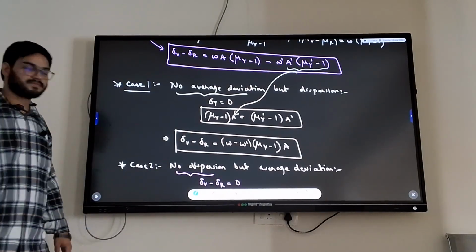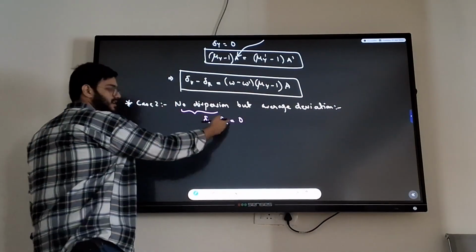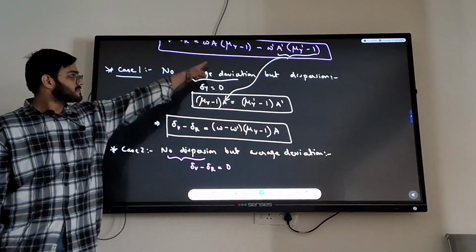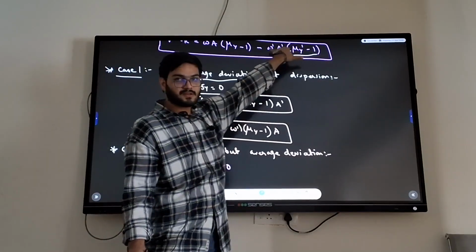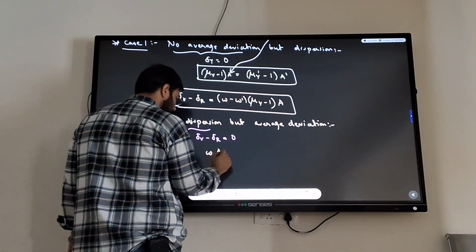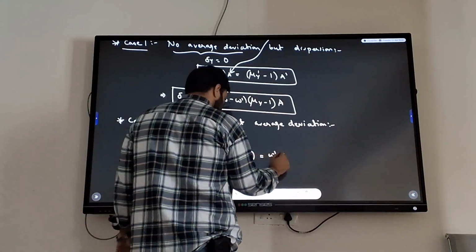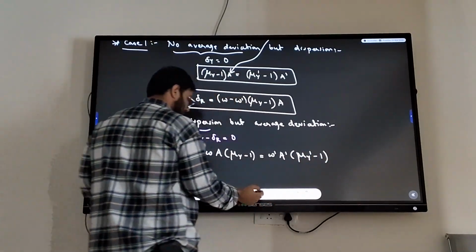It's okay? What about the second equation? Now this term is equal to 0. Then what is the equation that we have? This one. The whole thing should be equal to this thing. Yes or no? Yes. Then what will I find? Omega A mu y minus 1 should be equal to omega dash A dash mu y dash minus 1.